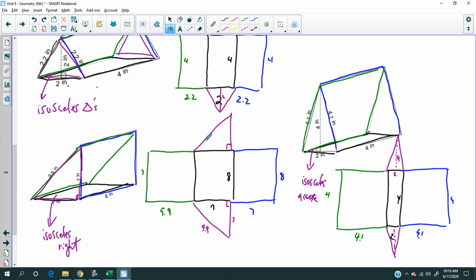Now, what else did I want to point out? Oh yeah. When I was doing this, guys, it's very important for you to label the sides with these numbers, because in the next topic we actually have to find the area of these shapes. Do you understand? So it's critically important for you to label these sides and to label them correctly.